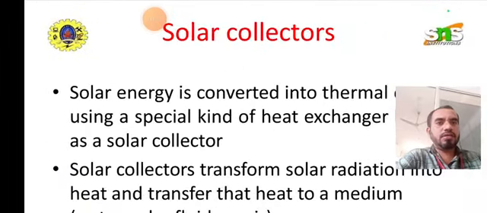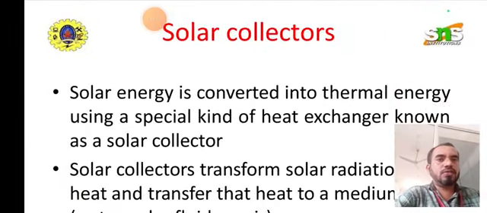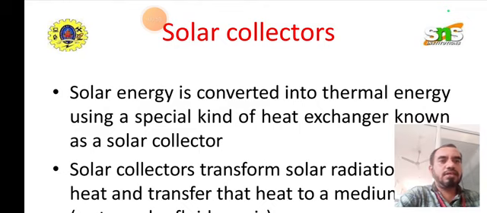In solar collectors, we know that solar energy is converted into thermal energy using a special kind of heat exchanger known as a solar collector. So the main purpose of a solar collector is to convert solar energy into heat energy.